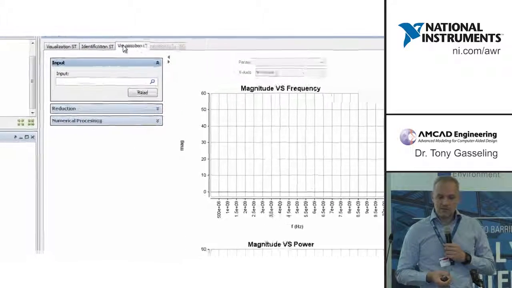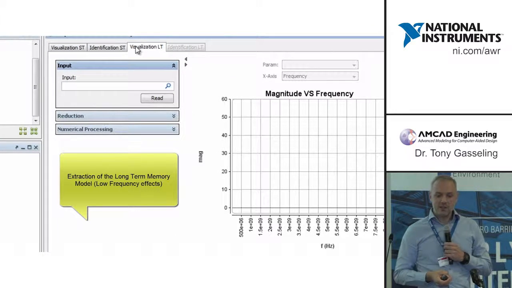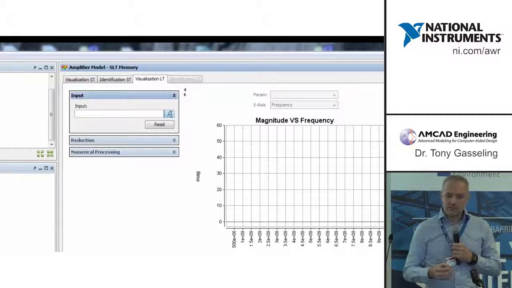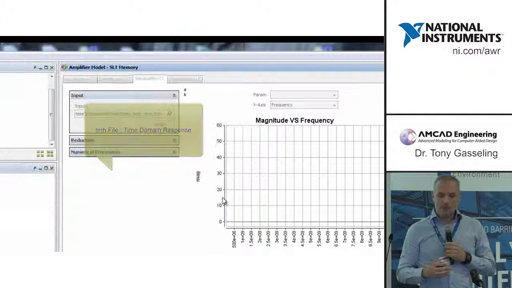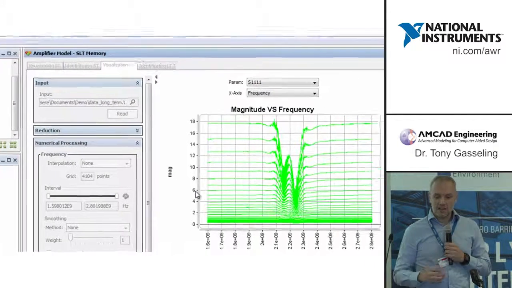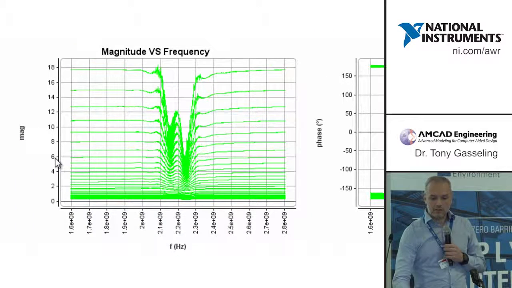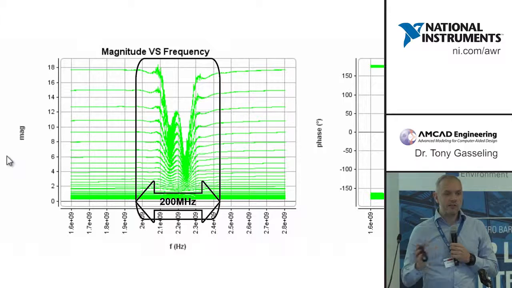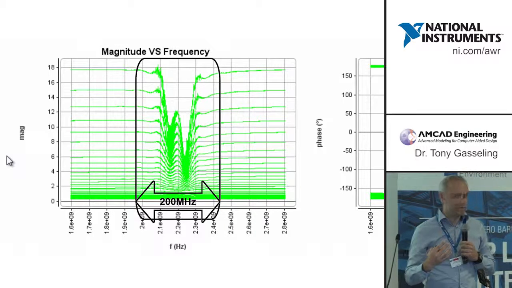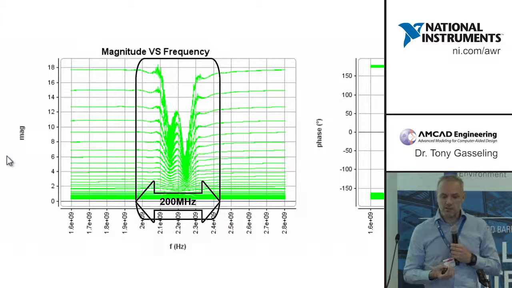So now we will shift to the low frequency memory effect model. As we said, here it's not a frequency measurement domain. We will take a time domain measurement. That is to say, if we make a simulation, here we will visualize the time domain response, and we will convert this time domain response into a frequency domain response.